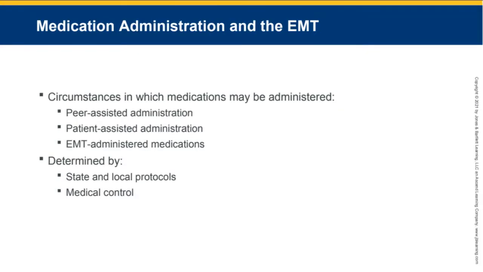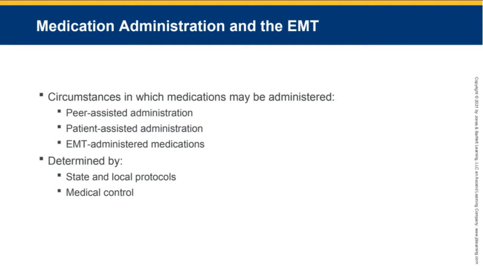EMT-administered medications. Well, this is when the EMT directly administers the medication to the patient. The patient may be severely confused or may be unable to understand the need for the medication. For example, oxygen, that's an EMT-administered medication.